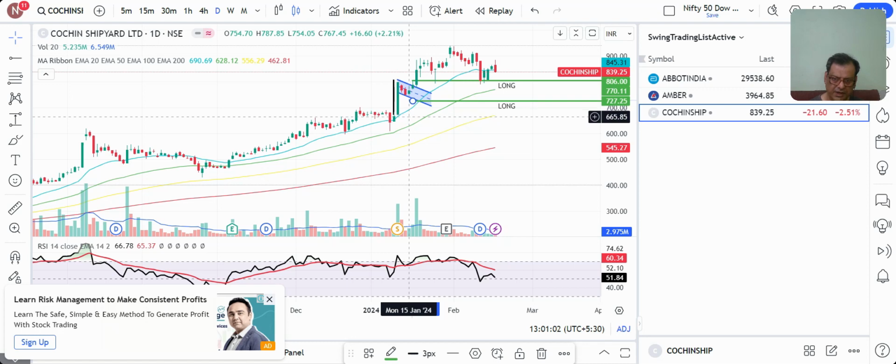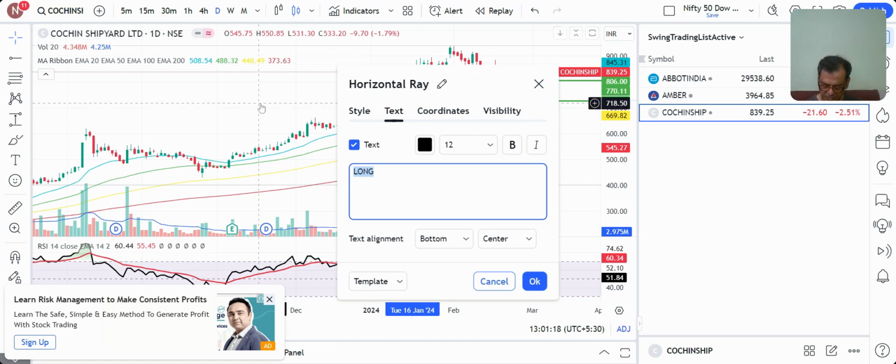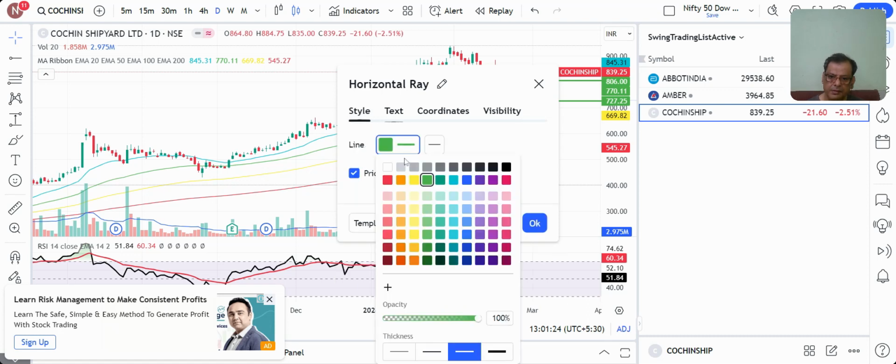But still, now you have 727.75. Low here is 747, right? So make this the stop loss. The style will be red.